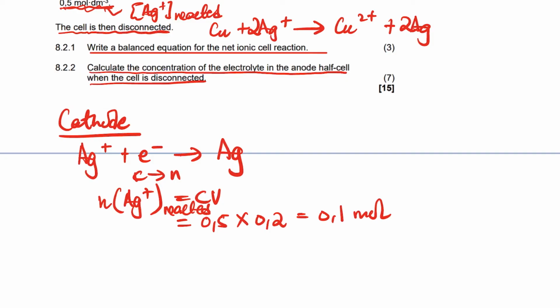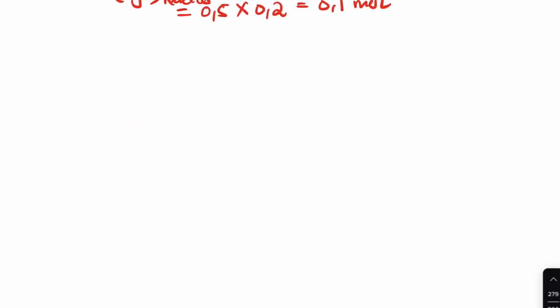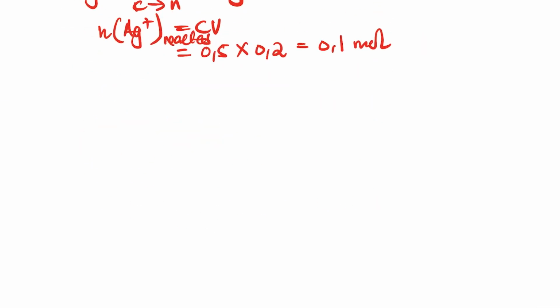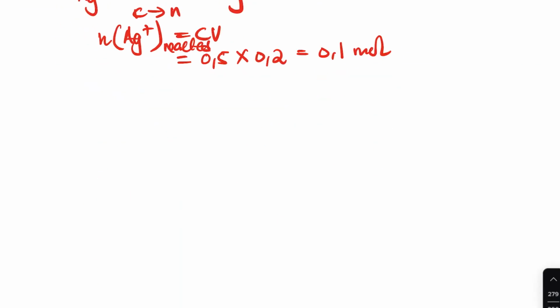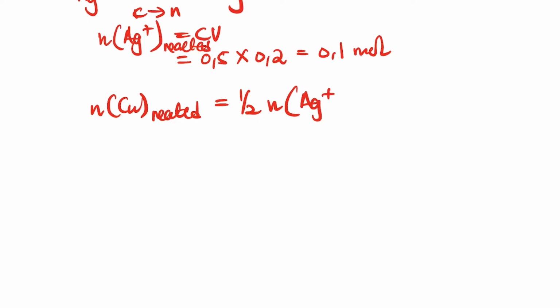Since the mole ratio is 1:2, the number of moles of copper reacted is half the number of moles of silver ion reacted.